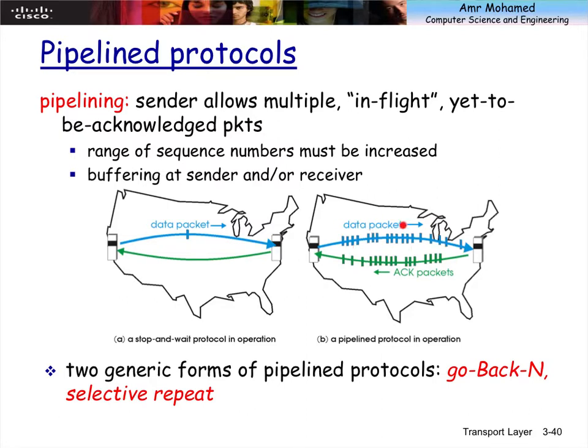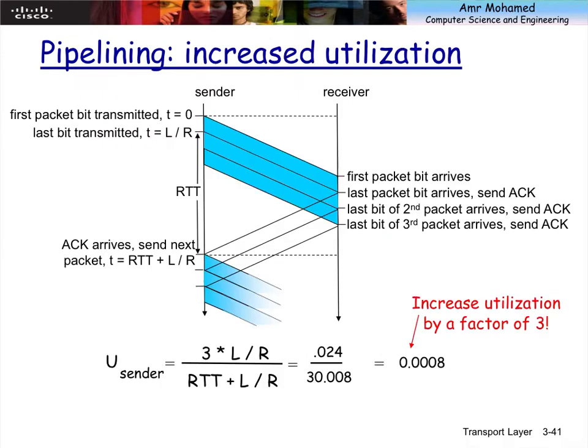So basically, the number of segments here can be multiplied by the channel utilization for the stop and wait, and this way we can enhance the channel utilization as we have analyzed in this particular scenario. So the channel utilization is still the one transmission time plus the round trip time, but this time we can multiply by the number of packets.